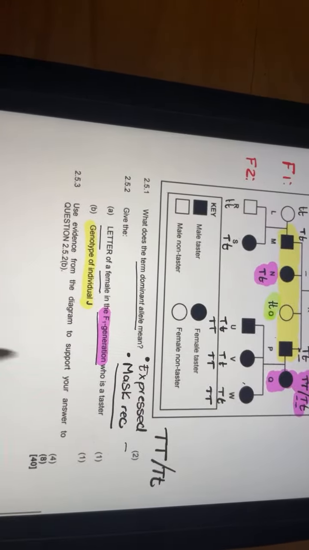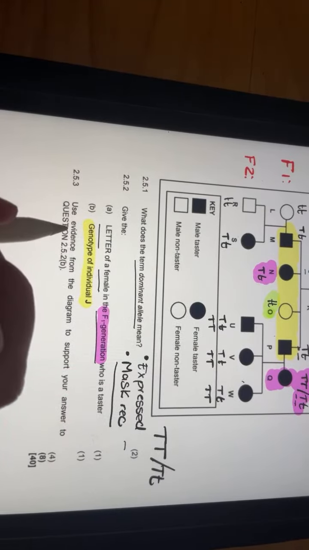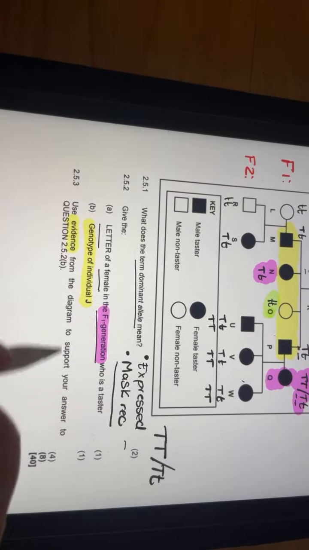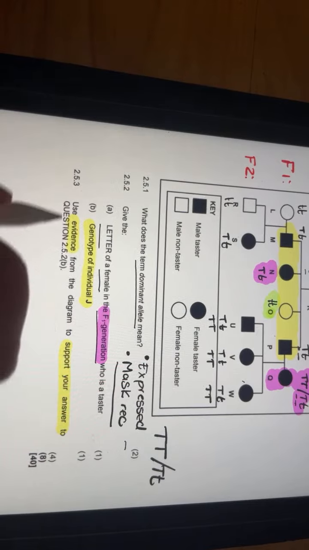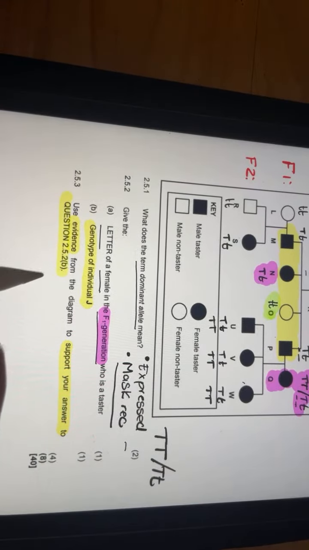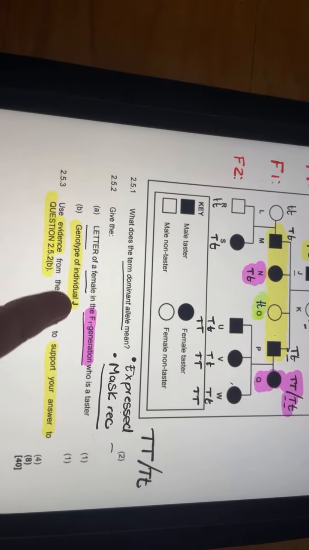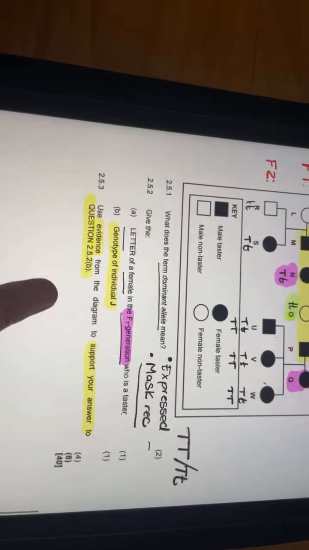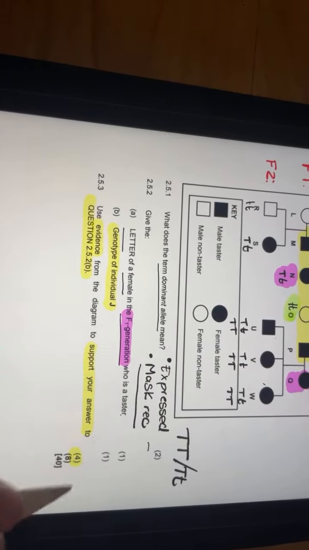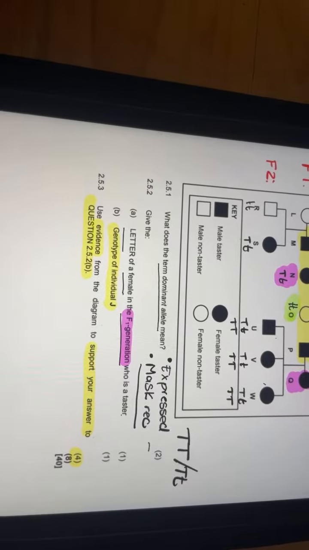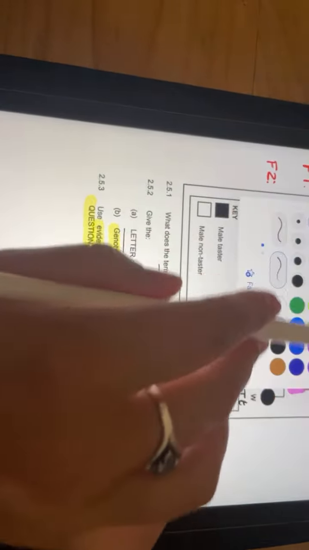Now we go into the last one. Great question. It says use the evidence from the diagram to support your answer to question 252B. In other words, how do you know what dad is? How did you figure out J? Now, it's for 4 marks, everybody. So now this is an interesting way to answer this. And some people actually struggle with this a lot, but I've got a really easy way to explain how to do this.